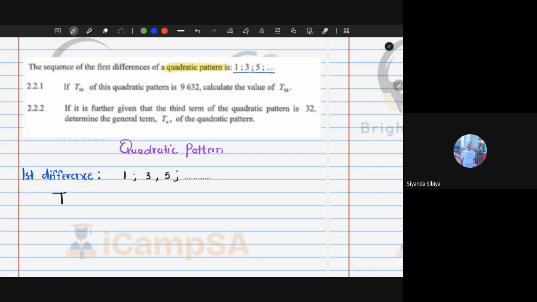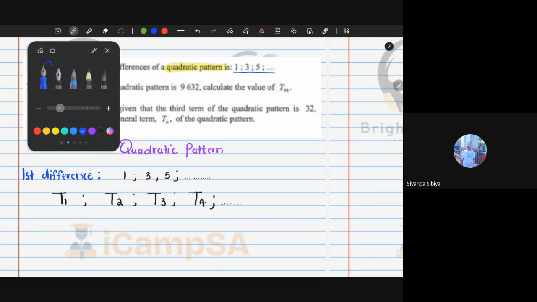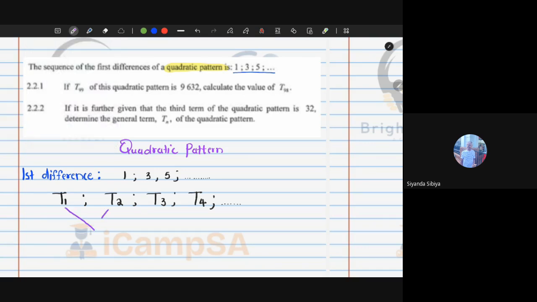Just to make sure that you guys understand what this first difference means, what we had here was T1, and then T2, and T3, and T4, and so on. And the sequence which we have comes about as a result of these differences here.